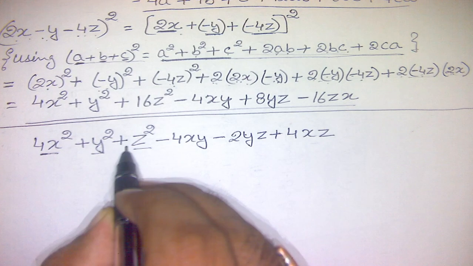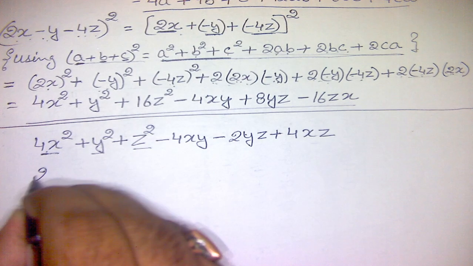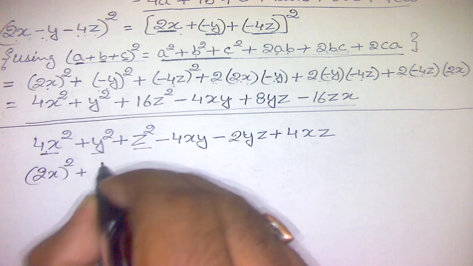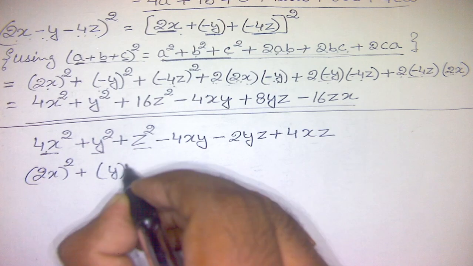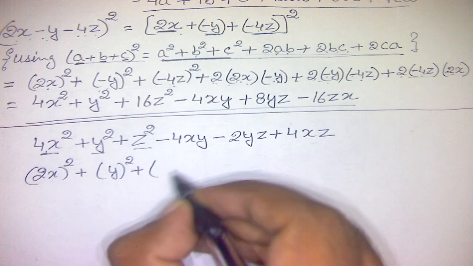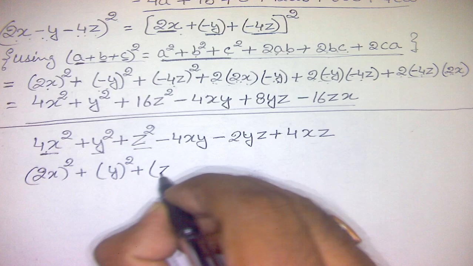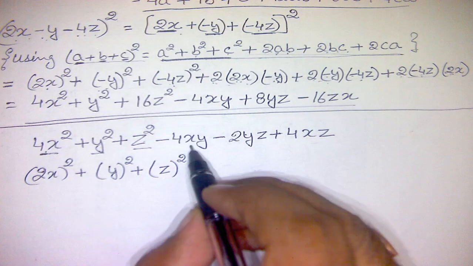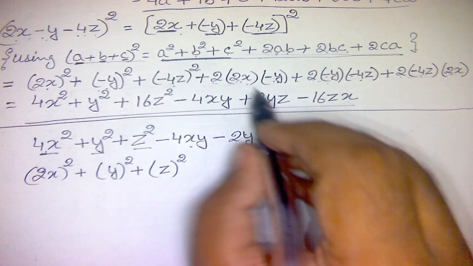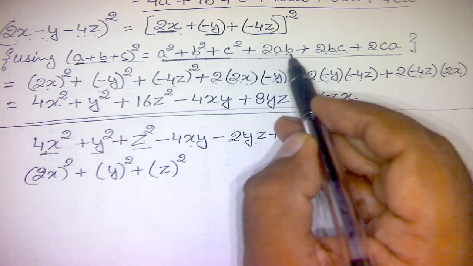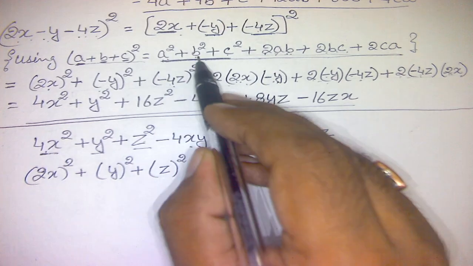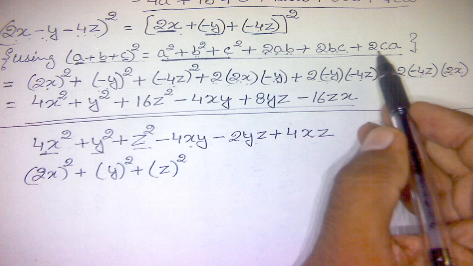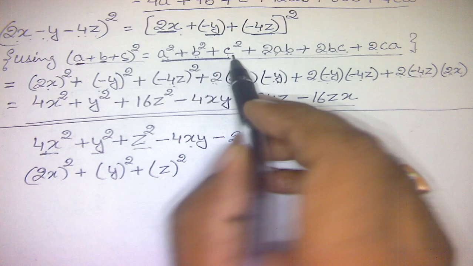So here if you see 4x squared, y squared and z squared, they are 3 perfect squares. Now 4x squared is the square of 2x, y squared is the square of y, and z squared is the square of z. Now the remaining three parts, what are they? 2ab is twice the product of a and b, then twice the product of b and c, then twice the product of c and a.